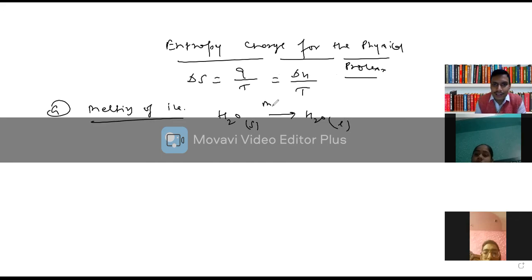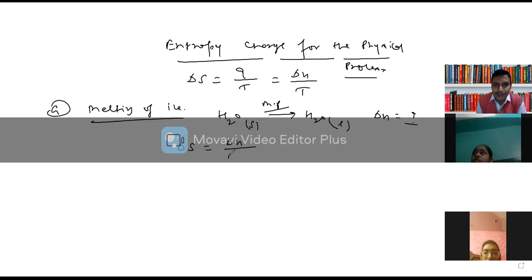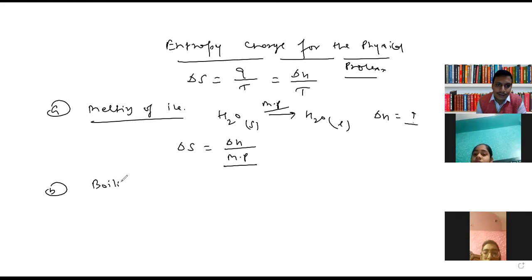And here is the melting point. Which kind of temperature? That is melting point. So there must be some enthalpy change for this reaction. And for this process, entropy change will be delta H upon melting point of ice. Again, you can take another example. The second one is boiling. Boiling of what? Here is the boiling of water.